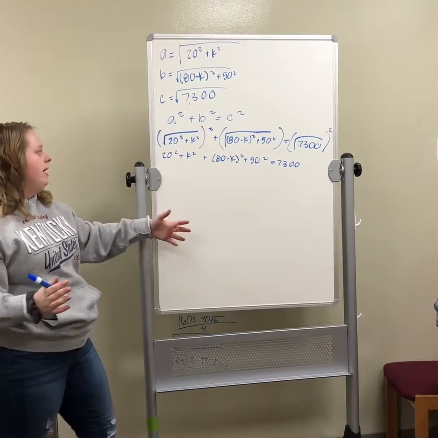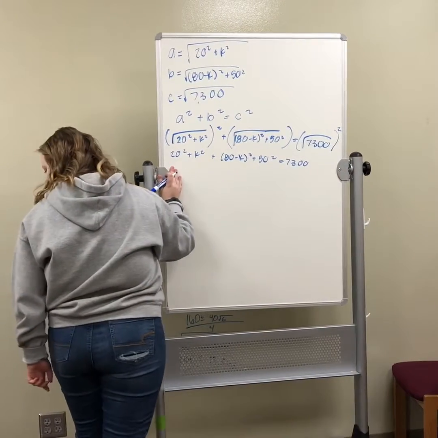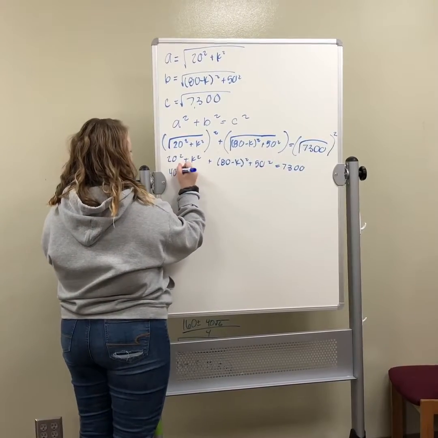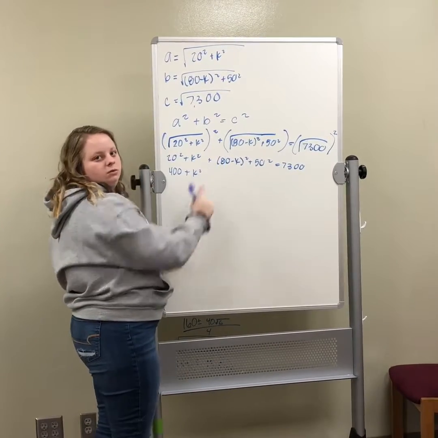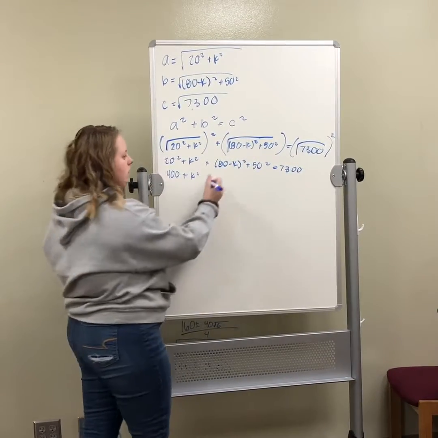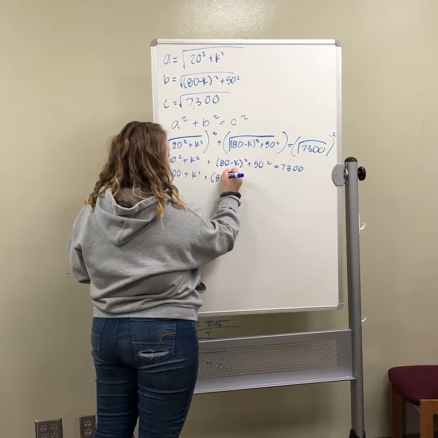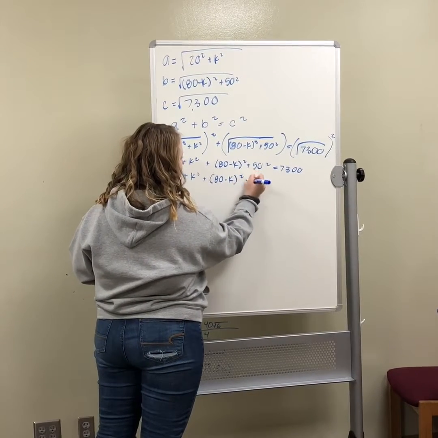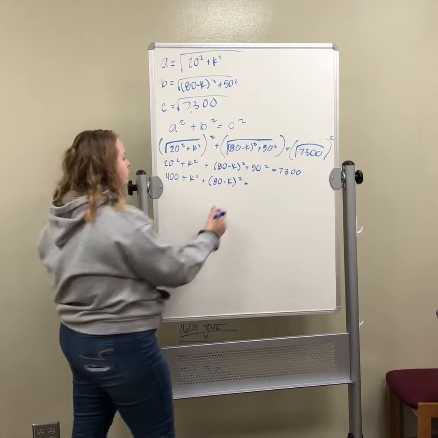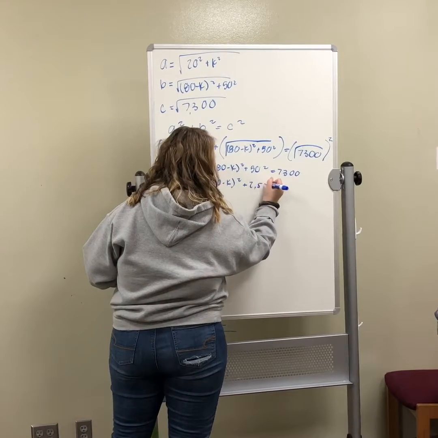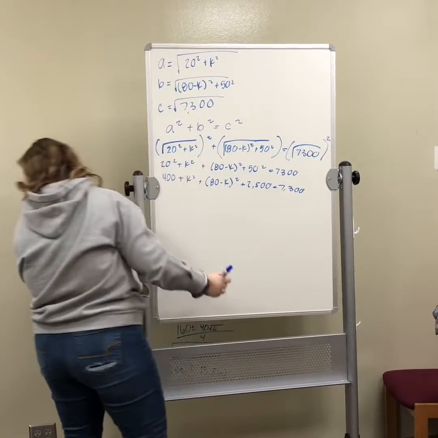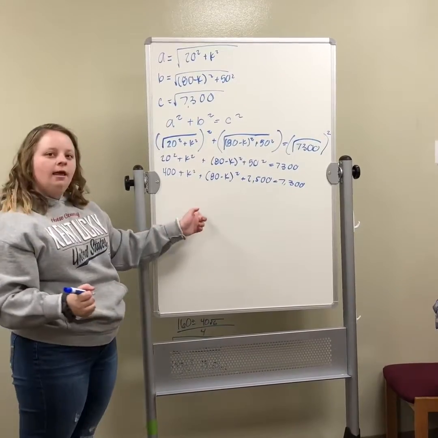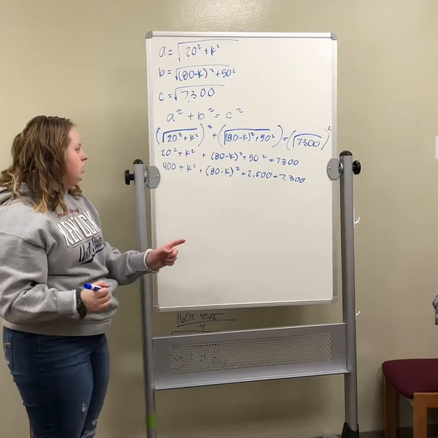Then we're just going to simplify it. 20 squared is 400, so 400 plus k squared, and we're going to keep the 80 minus k squared as is and simplify it at the end, plus 50 squared, which is 2,500, equals 7,300.